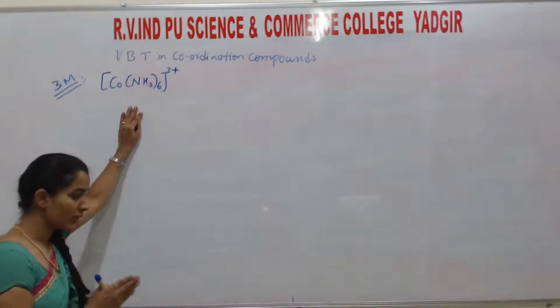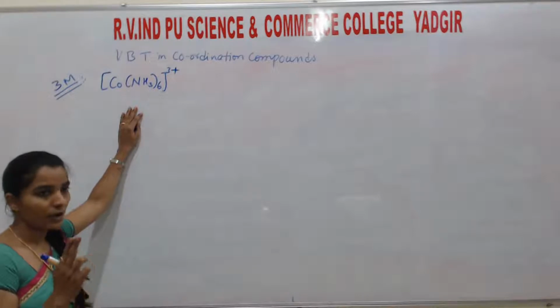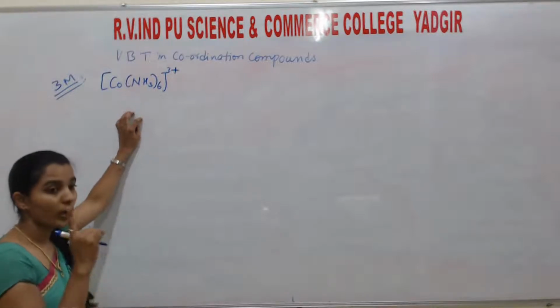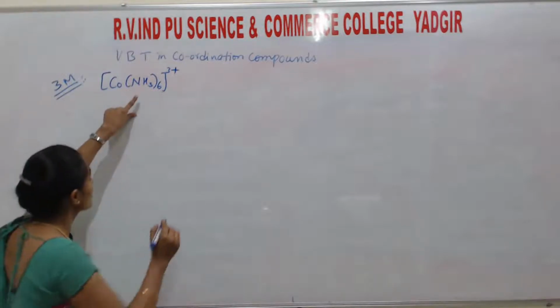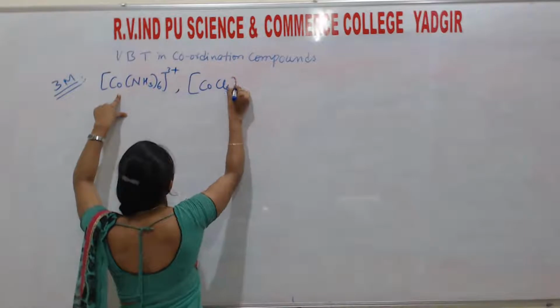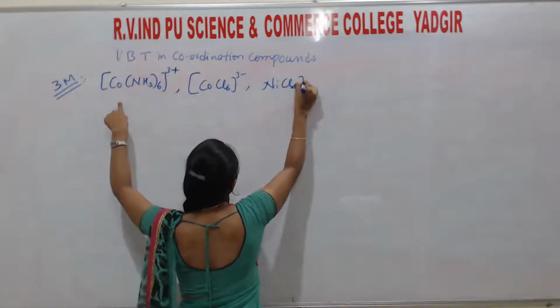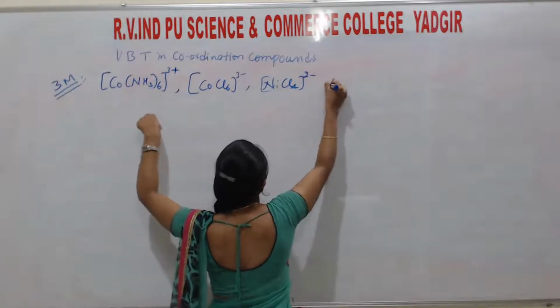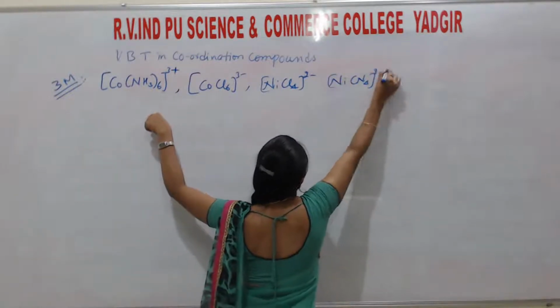So students, in the coordination compound chapter, as I told you, you get 3 marks, 2 questions. One question is compulsory from these 4 structures. There are 4 compounds: [CoCl6]3-, [NiCl4]2-, and [Ni(CN)4]2-.